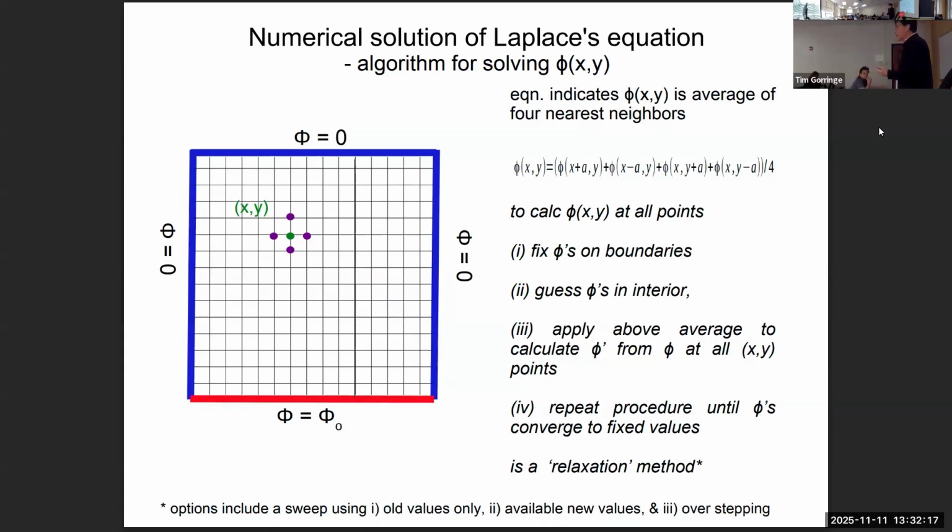So this relaxation method has a whole literature on different ways to optimize it for quickness, for stability, and there are various different algorithms for applying it. We're just going to be applying the most simple, straightforward one. Okay, we better get on with it.